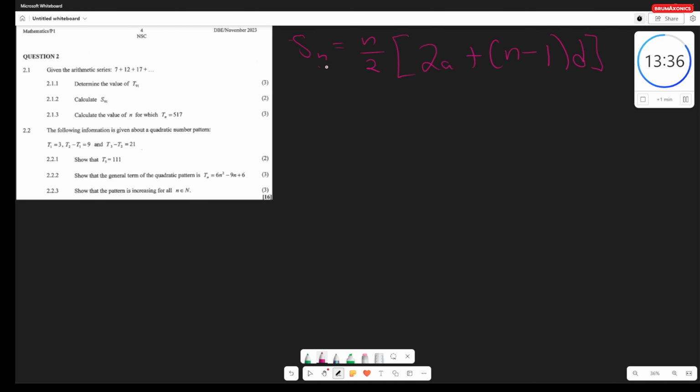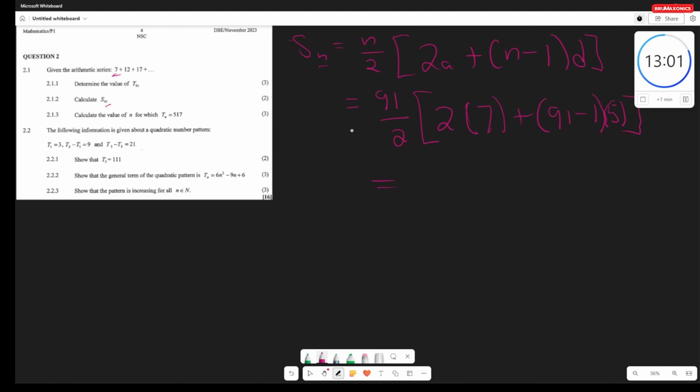So here n will be 91, so that is equal to 91 over 2, times 2 times a, where a is the first value, 7, plus n, which is 91 minus 1, times d, and that will be the difference.